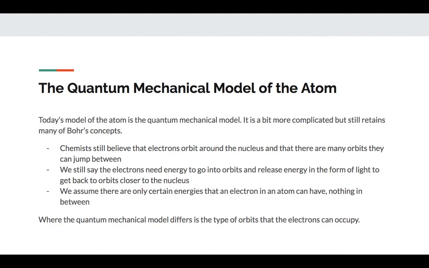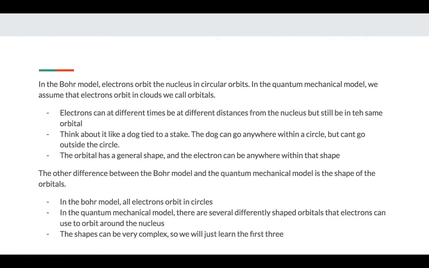Now, where the quantum mechanical model differs is the type of orbits that the electrons can occupy. So in the Bohr model, electrons orbit the nucleus in circular orbits. And in the quantum mechanical model, we assume that electrons orbit in clouds that we call orbitals.